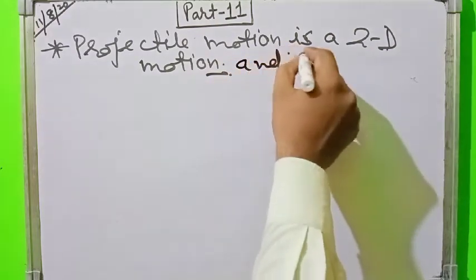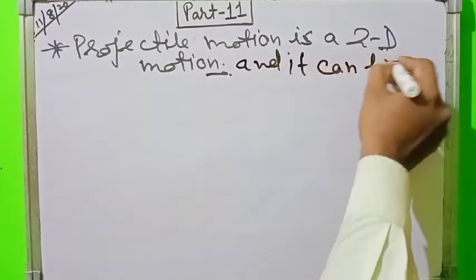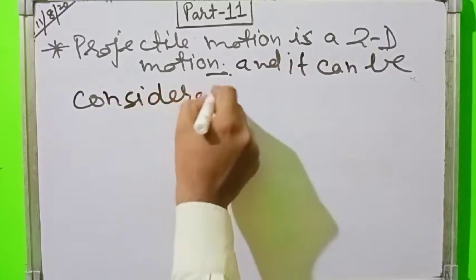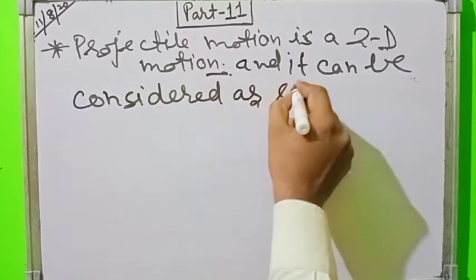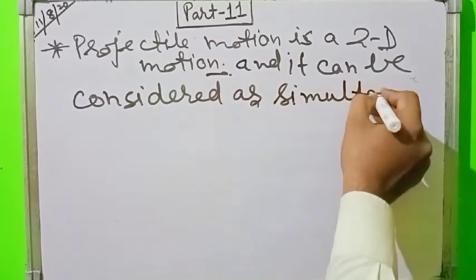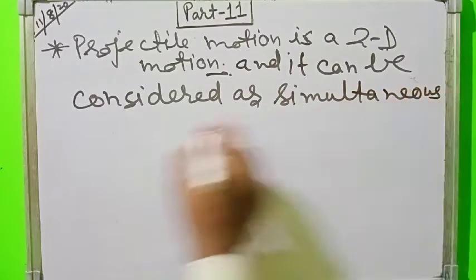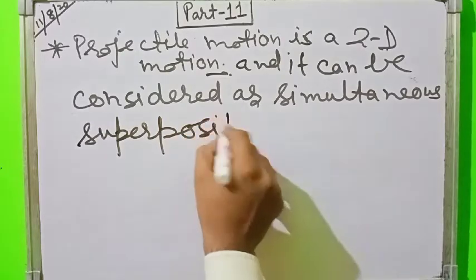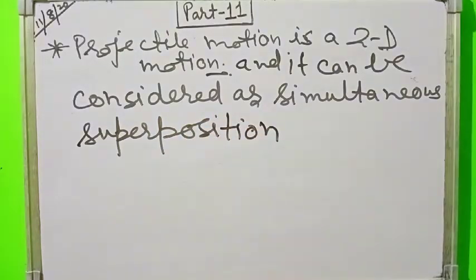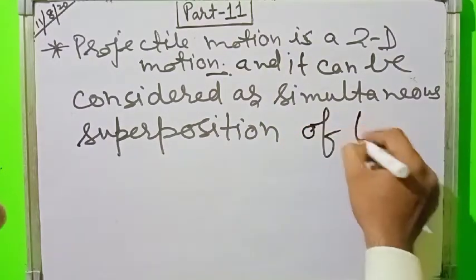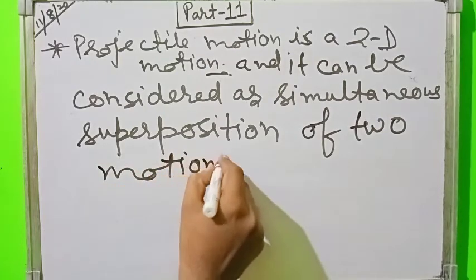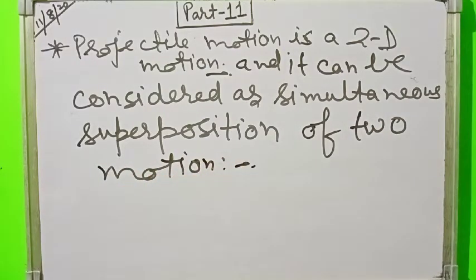And it can be considered as simultaneous superposition of two motions. What are the two motions?